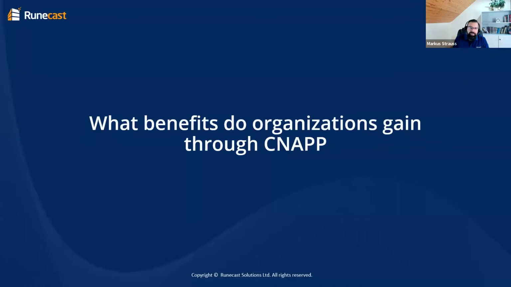So what are the benefits that organizations get by implementing CNAPP, right? And I guess for pretty much everyone on the call, we've all seen all of the different technologies and all of the different solutions that we can use to address each one of the different areas that we've just talked about. And we're likely all going to be very familiar with the vendors that we use and what's the reason, right?